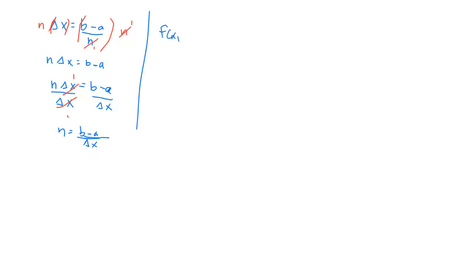And so, for instance, in section 6.5, when they have f of x sub 1 plus the function evaluated at x sub 2 plus the function evaluated at x sub n, these are just values in each subinterval, and we divide that by n.